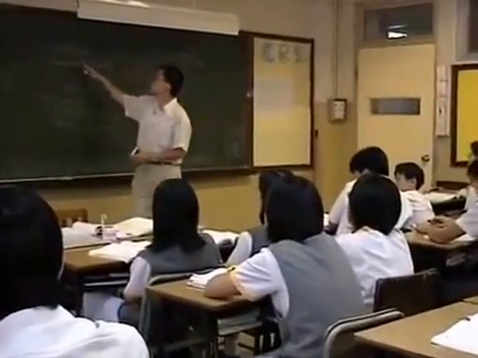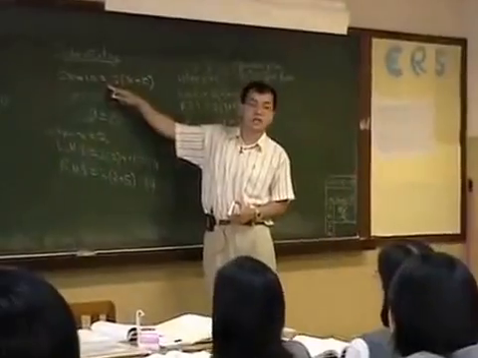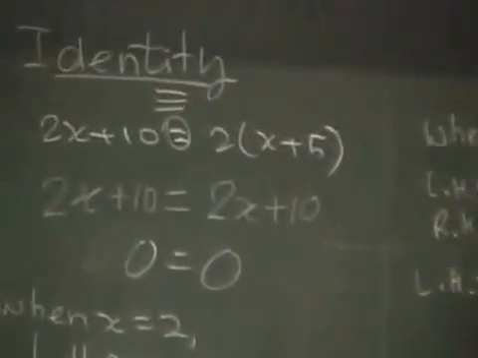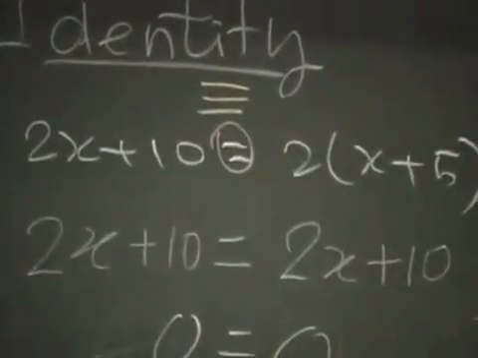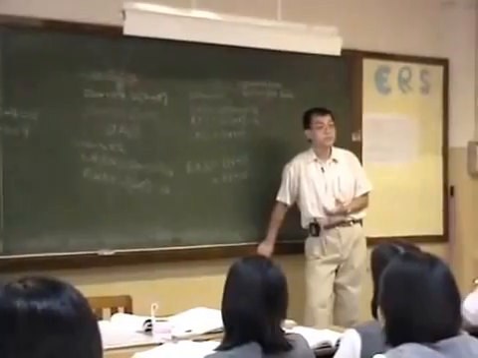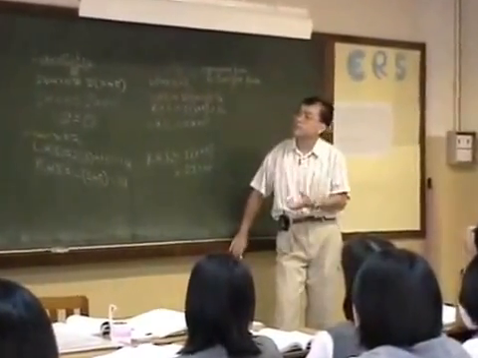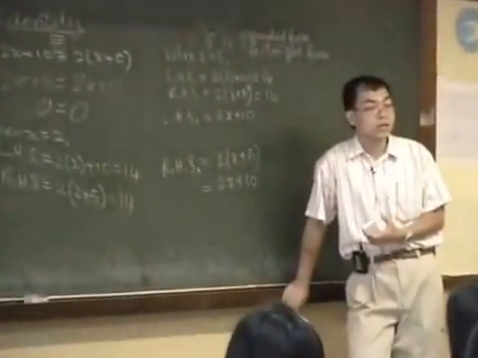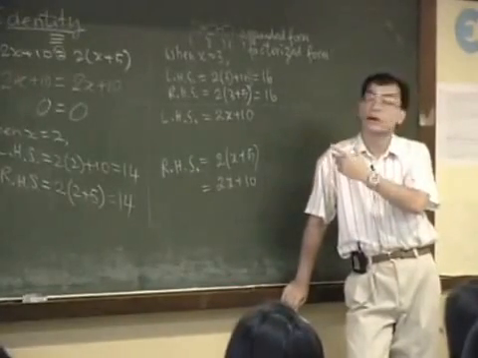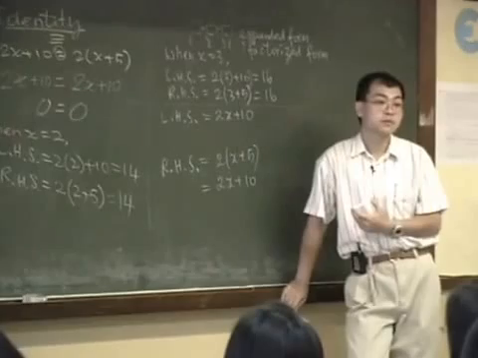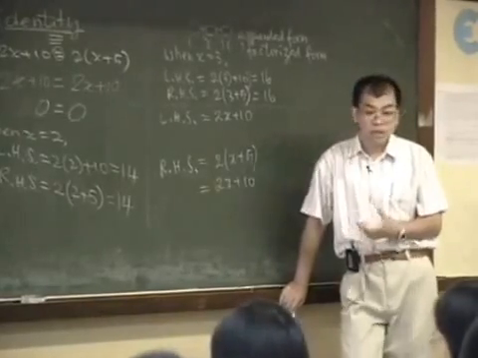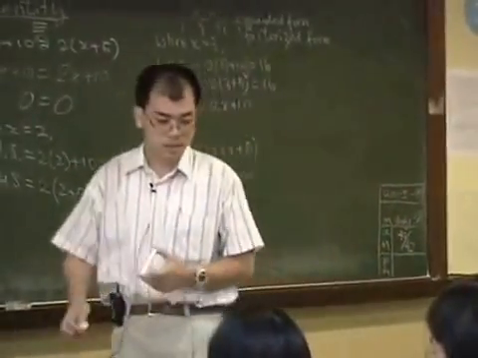This time, not just 2 lines. We use 3 lines as the symbol. It means both sides are identically the same. We say that 2x plus 10 is identically equal to 2 brackets, 2x plus 5. They are in fact exactly the same.